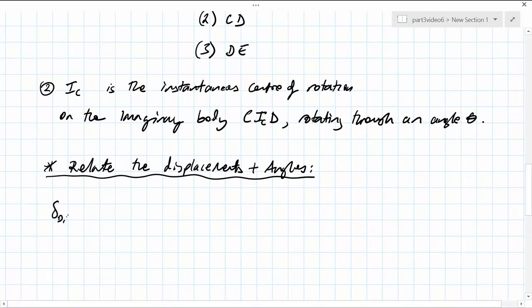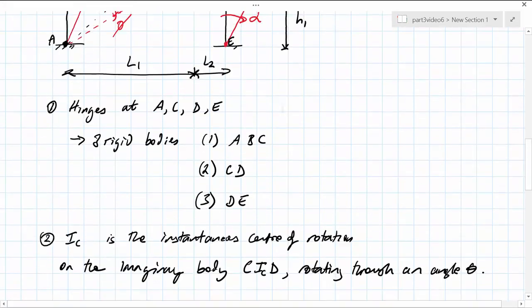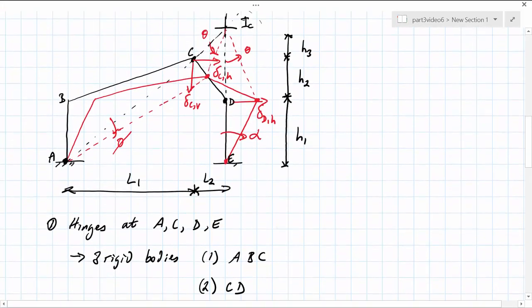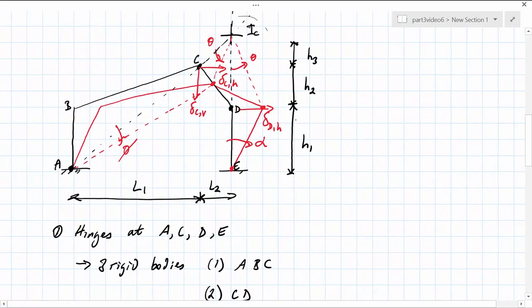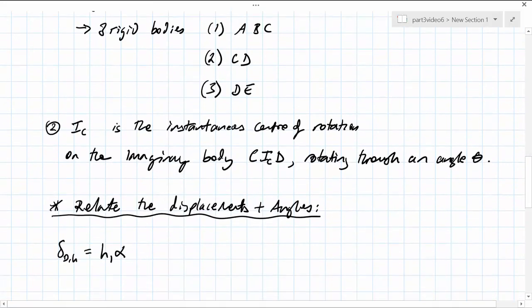Delta D, comma h, is equal to h1 times by alpha. We can see this here. It's the height of the member times by its angle of rotation.